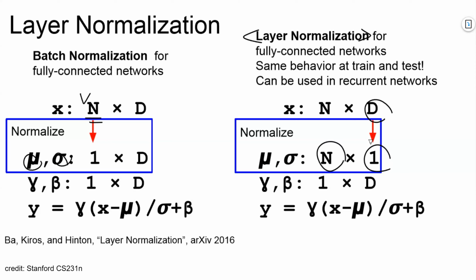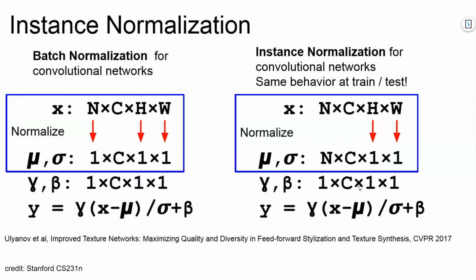So this is the difference. And for gamma and beta, the dimensions are the same. And there is another concept called instance normalization. This is for convolutional networks, and this has the same behavior at training and test. We just calculate the mean and variance for each instance. So here H and W become 1.